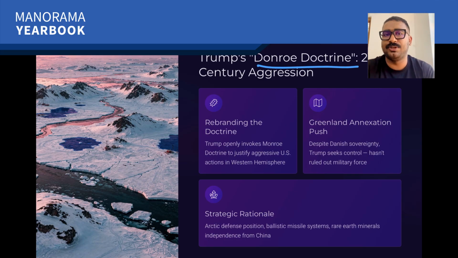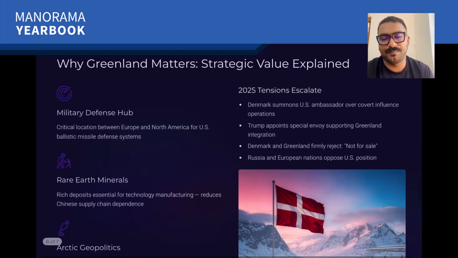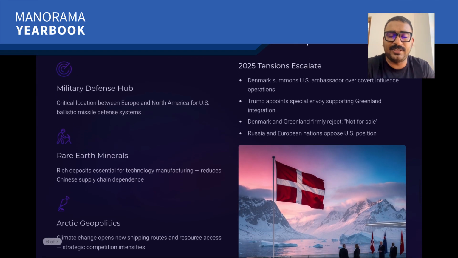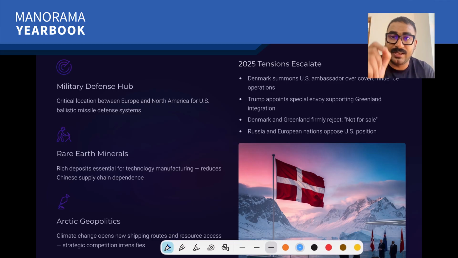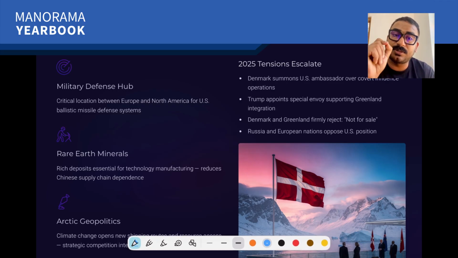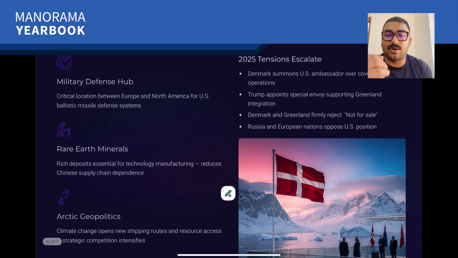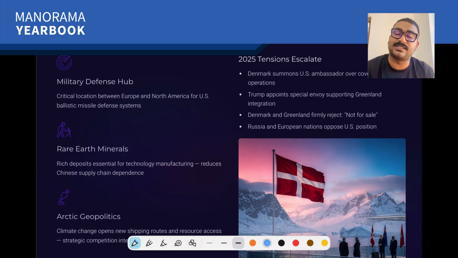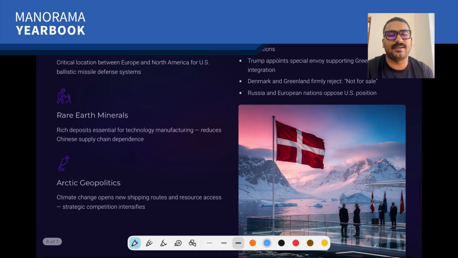Here you should understand why Greenland is now targeted by Donald Trump. One important point is that Greenland sits at a strategic location between Europe and North America, which makes it critical for US ballistic missile defense. Second, it is also rich in rare earth metals, which aligns with Washington's goal of reducing dependence on the Chinese supply chain.